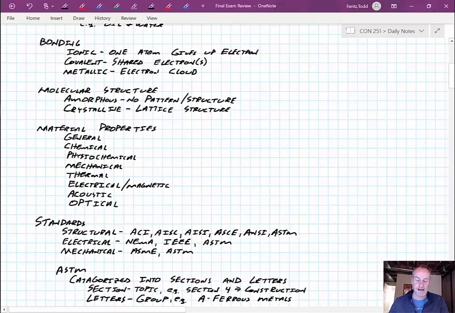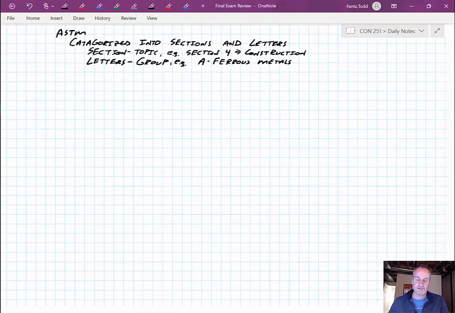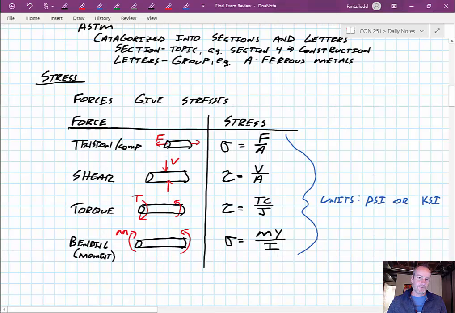So after we talked about that, we talked about this concept of stress. The fundamental principle behind stress is that we can have forces on an object, right? We can pull it or push it or bend it or twist it or karate chop it. Those are the forces we talked about. Each force creates a stress.